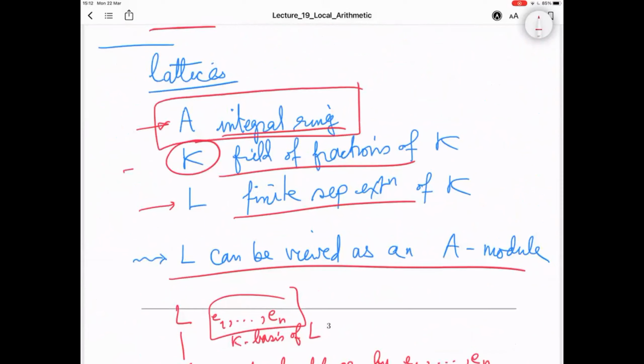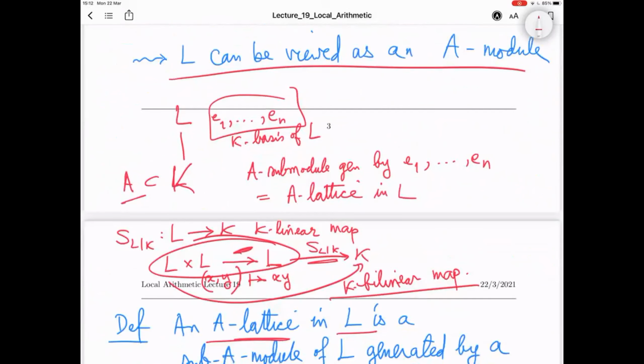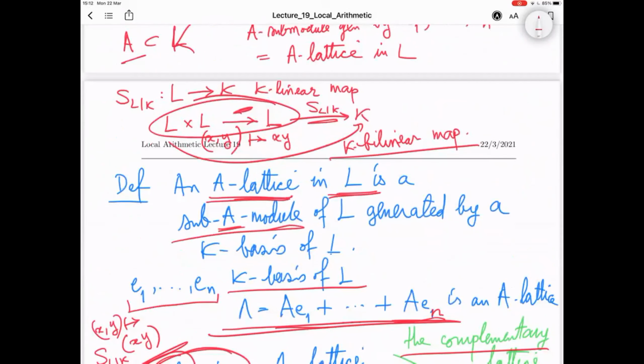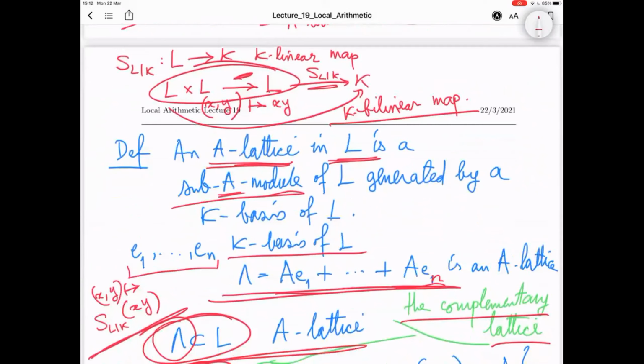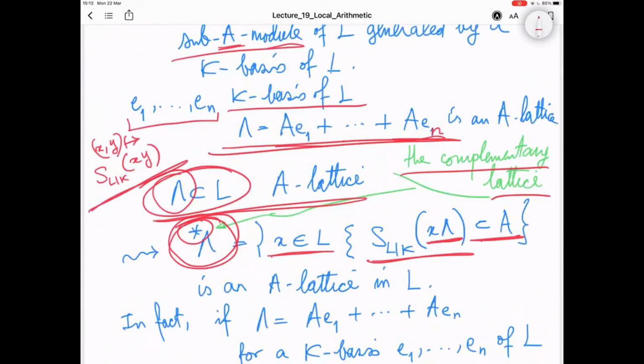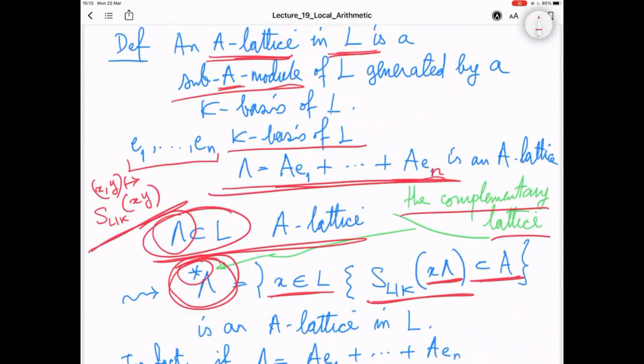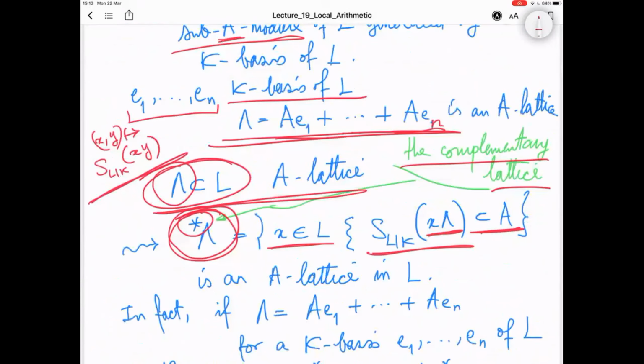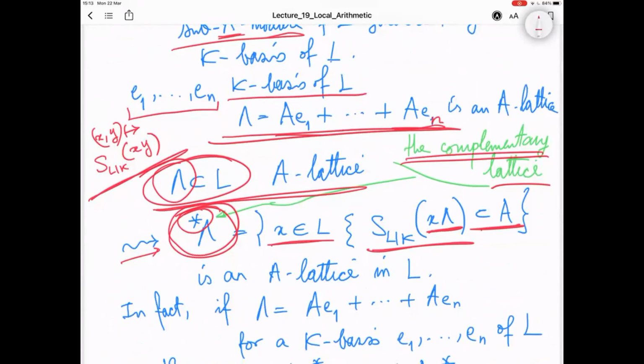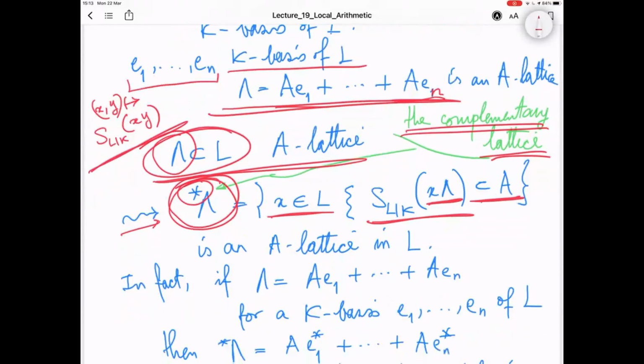So I'm working with a field K and a subring A of K. Then I have the notion of an A lattice in any finite extension L, and the notion of a complementary lattice with respect to the trace bilinear form.